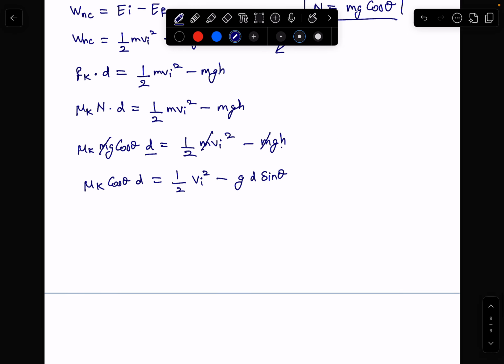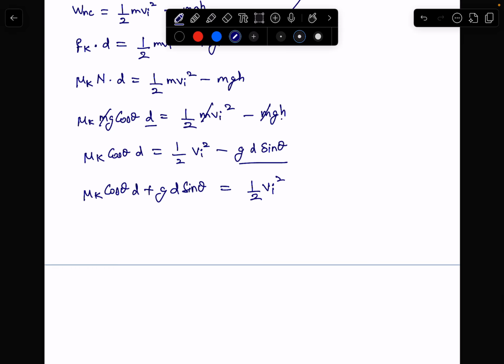perfect. Now I'll bring this to the other side. mu k g cosine theta d plus g d sine theta equal to half vi squared. Taking d common, you get mu k cosine theta plus g sine theta equal to half vi squared.